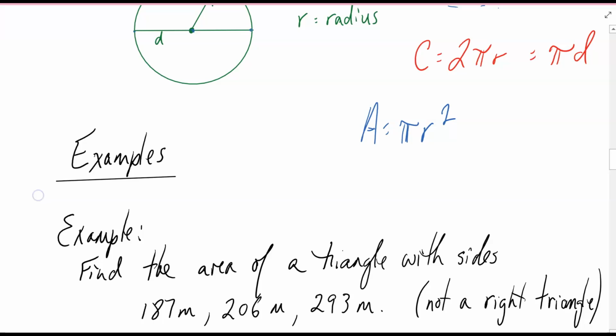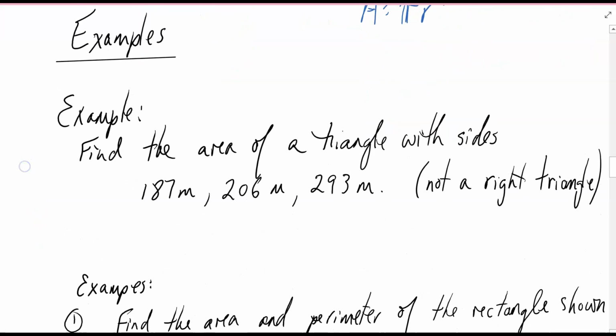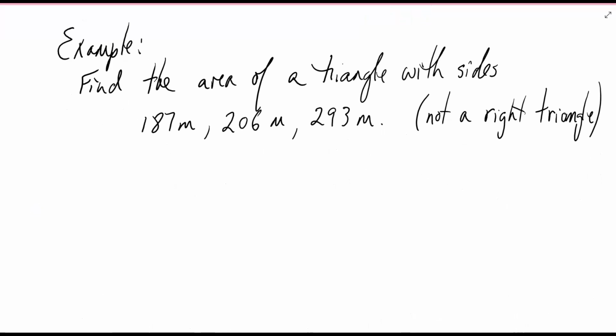Now let's take a look at some examples. I talked about Hero's formula a little bit earlier, and you probably haven't seen that one before. So let's take a look at an example to find the area of a triangle when the 3 side lengths are given in meters. So we might call this side A, side B, and side C. But it doesn't really matter how you name them.